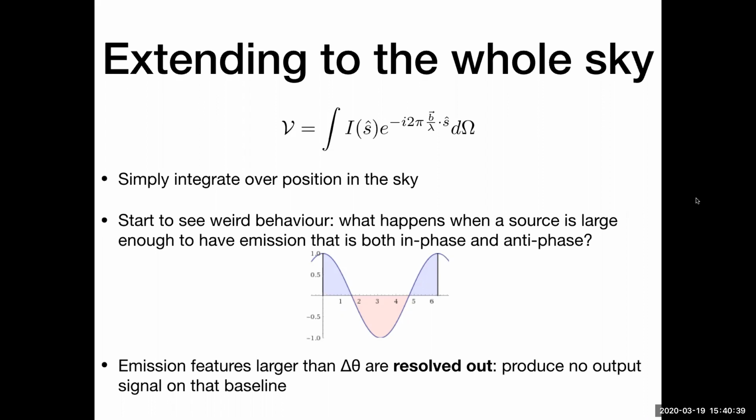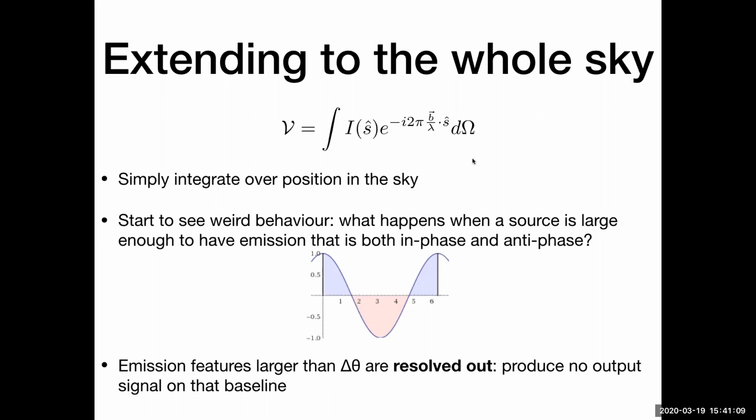I'm not going to derive it here, but basically, if you go through the whole process, everything is linear, and you can basically just integrate over the space of possible directions. So you integrate over different direction vectors, over the solid angle of the sky. And this is when you start to see some slightly weirder behavior than before.